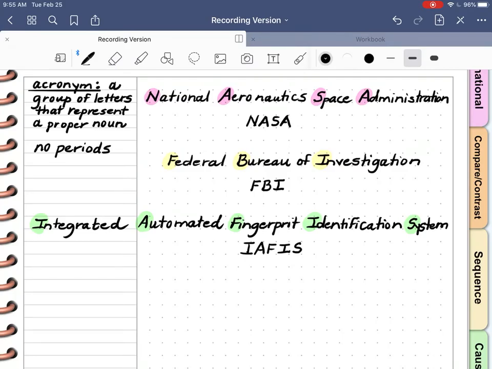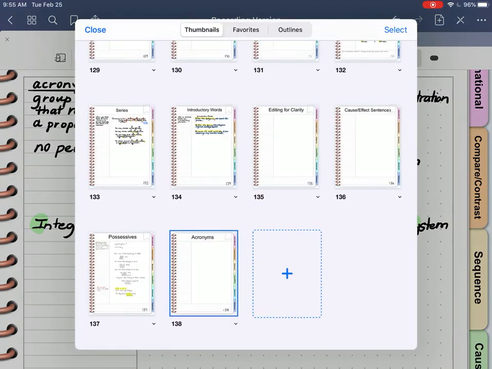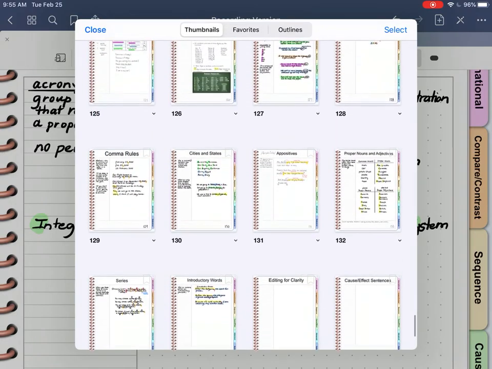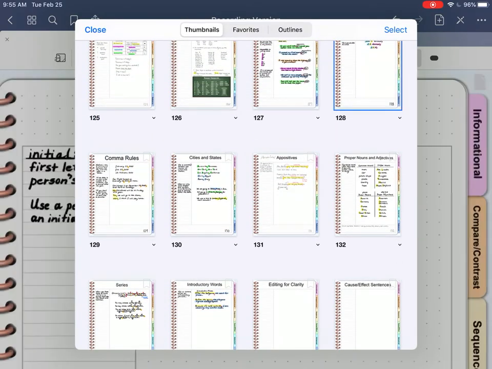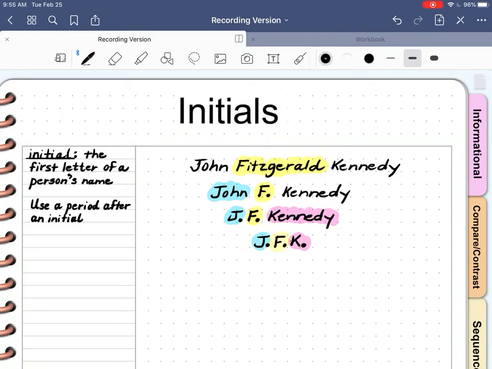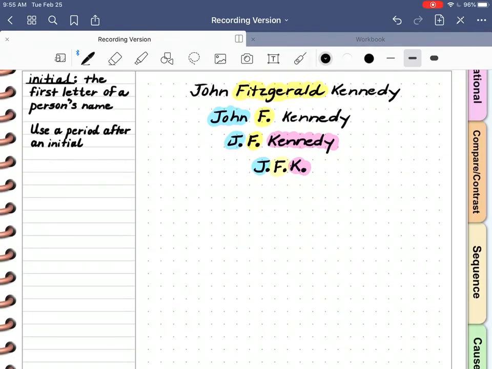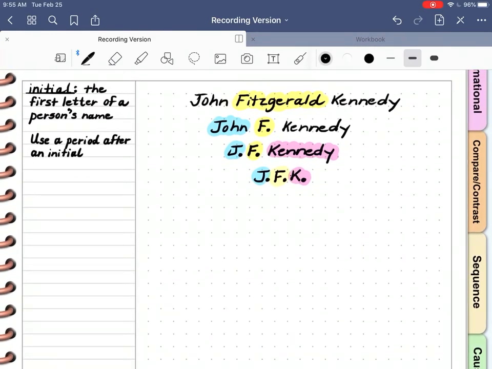I want to go back to the page on initials. I'm sorry to have you flipping back and forth, but this is page 128. Let's just go back there. I want to show you the postal code abbreviations. So I live in the state of Tennessee. Tennessee.